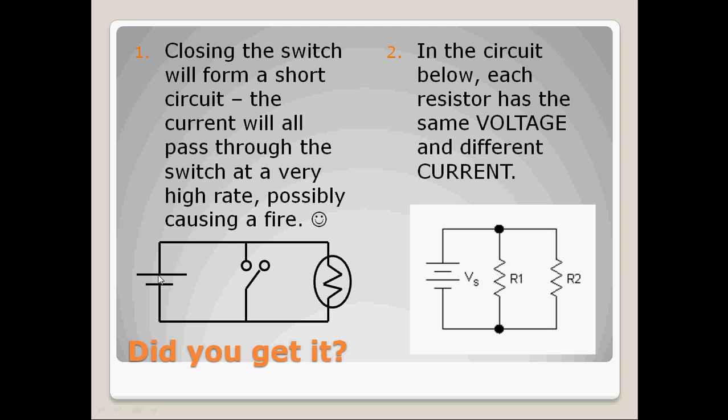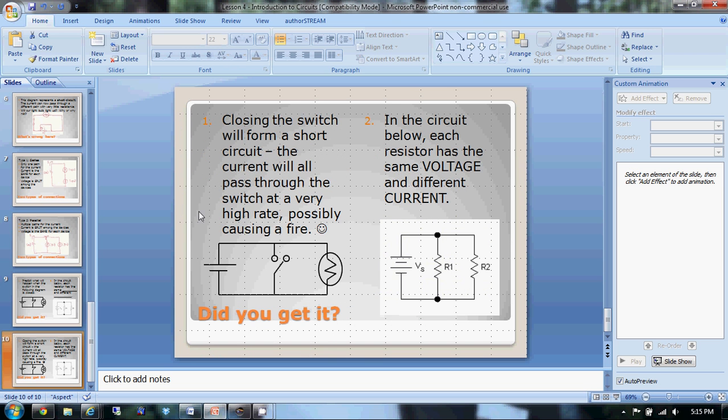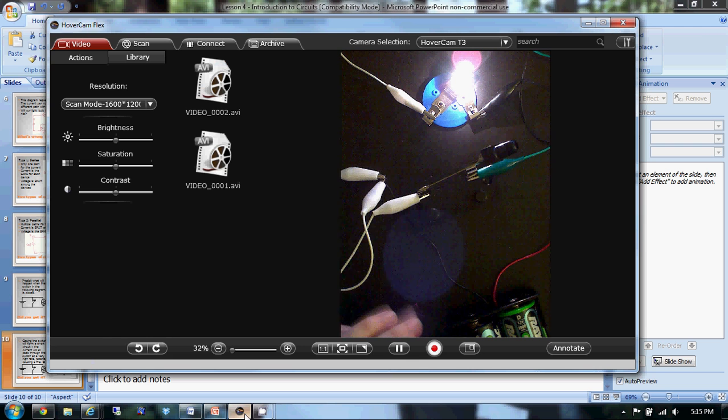Okay? This is also why I think some of you accidentally created this very thing in the activity that we did recently. And what you ended up finding as a result was you had a situation where you would turn on your switch or you would close your switch and it would turn off the light. But if you open the switch, then the light shone brightly. So it looked something like this right here.